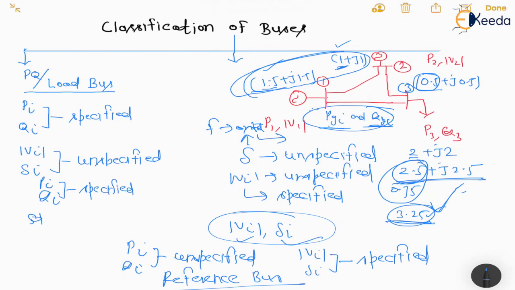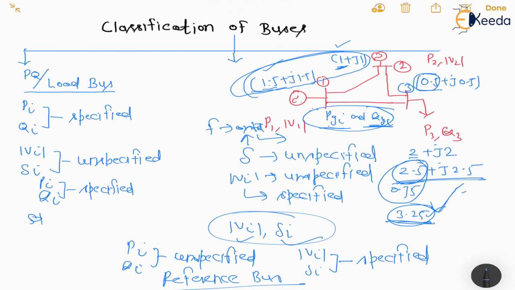Why is it called reference bus? Because if we are dealing with AC, then there must be one bus that should be taken as reference, because without the reference AC is not possible. So there should be one bus that is reference bus, so we choose this bus as a reference bus.